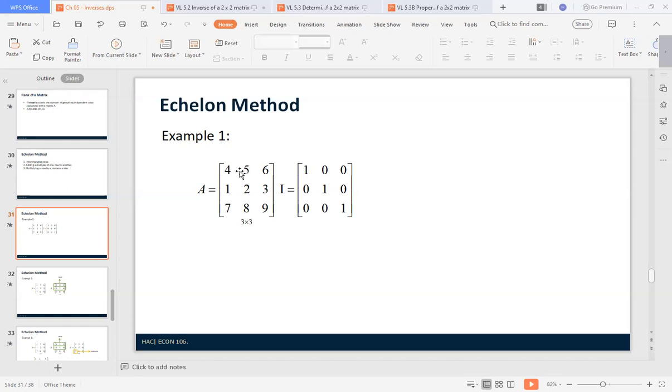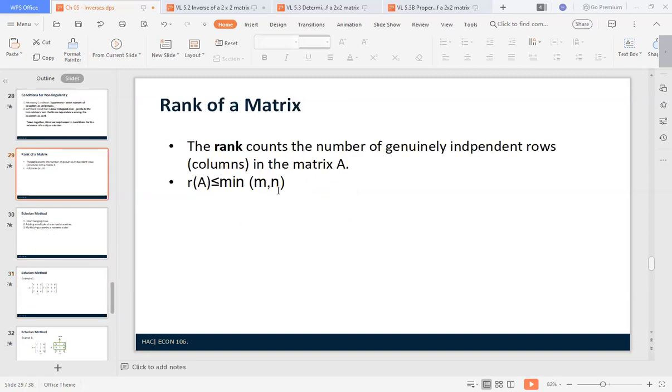So how do we transform this? It's a trial and error method. There are so many ways that you can do this. But what we are doing with the echelon method is just to determine the rank of the matrix, or how many non-zero rows that matrix has.